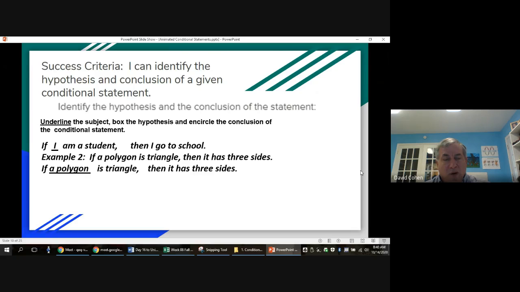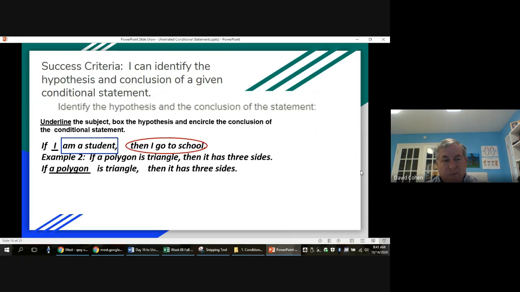So let's see where our box and circle are. We box am a student, that's the hypothesis. We circle the conclusion. If a polygon is the subject, is a triangle, then it has 3 sides.